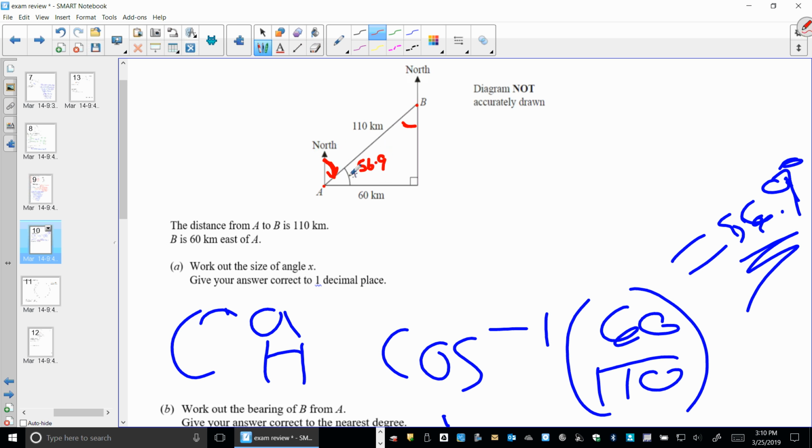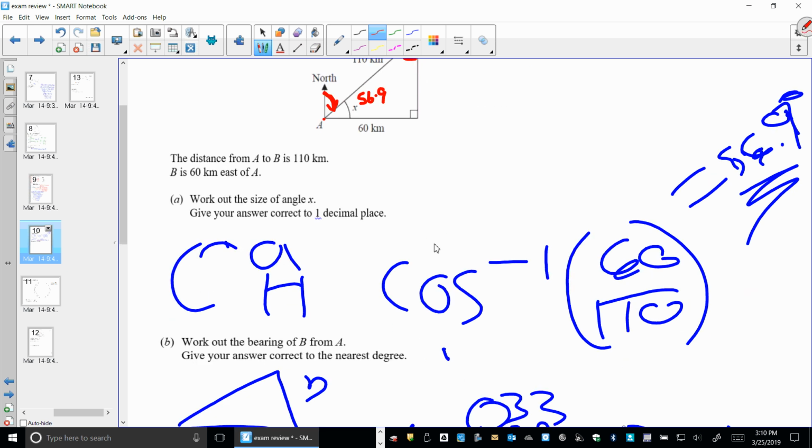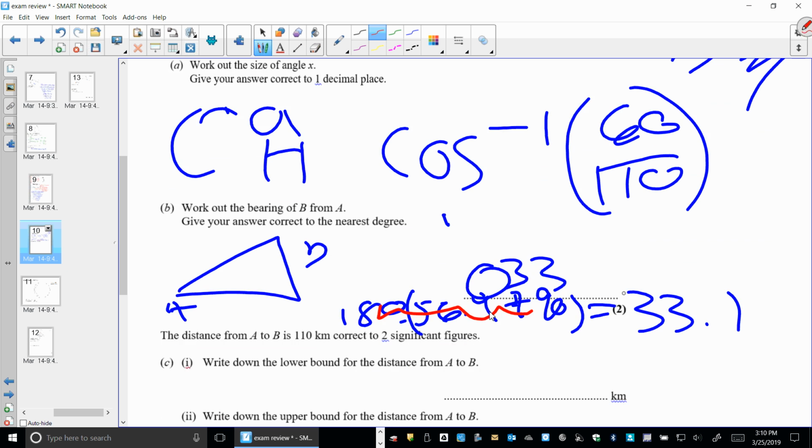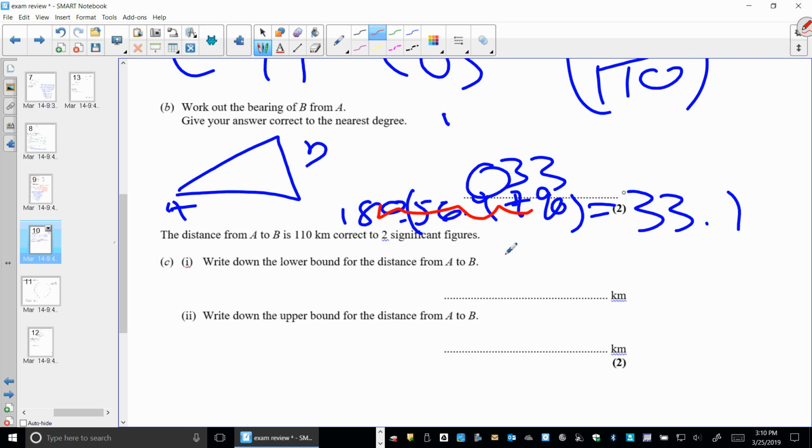So all you have to do is 90 subtract 56.9. But they want it to the nearest degree, so that's why it was 033, not 033.1. Okay? If you're not sure about that, you can ask me after. Now you can carry on.